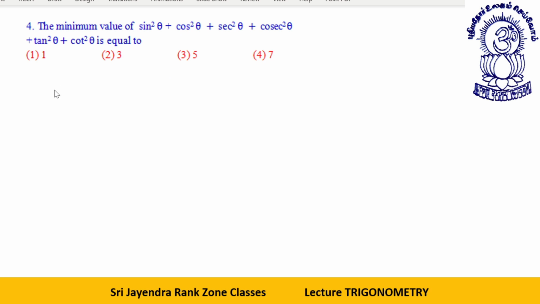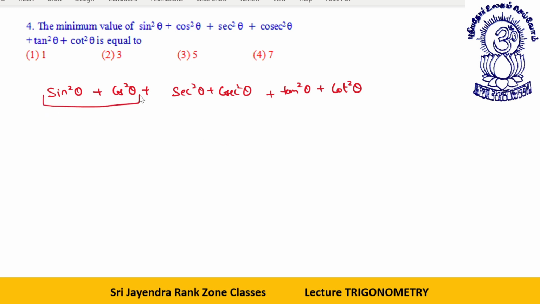The minimum value of sine square theta plus cos square theta plus sec square theta plus cosec square theta plus tan square theta plus cot square theta. How to go about it, dear students? See, this is a perfect example for teaching you whatever I have taught you in the previous slides. See, sine square plus cos square is actually 1, there is no need for a minimum value.